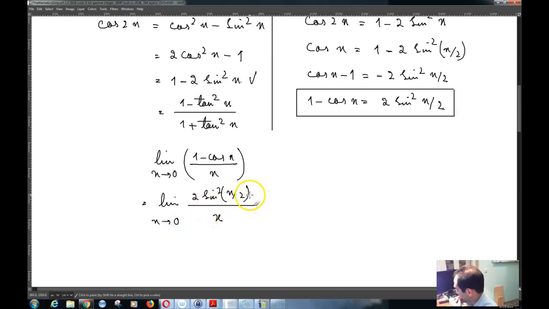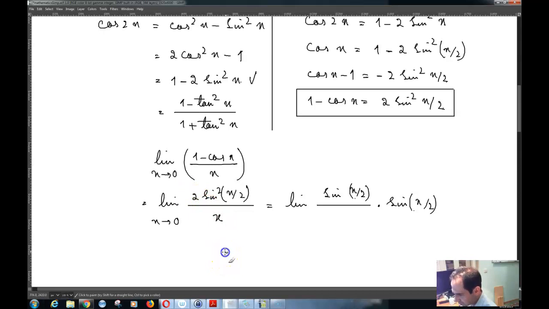Then you can write this as sine x divided by 2 times sine x divided by 2, because you have sine squared x divided by 2, and this is 2 divided by x.